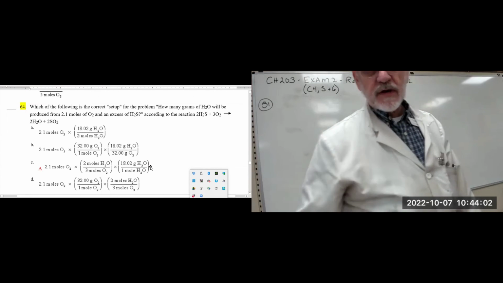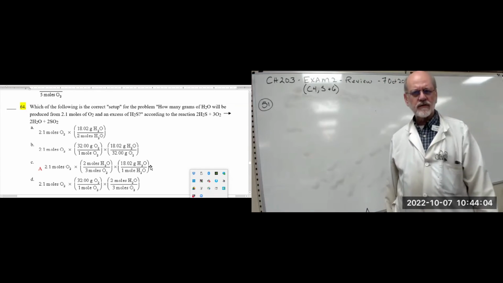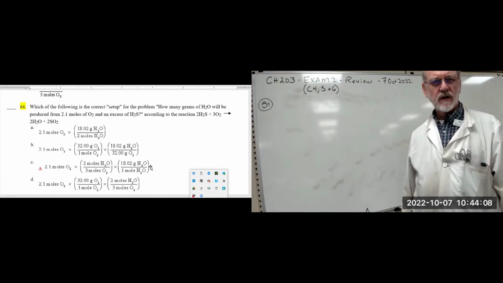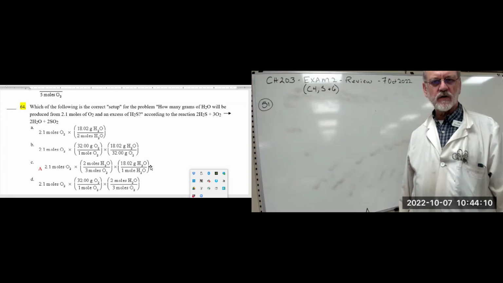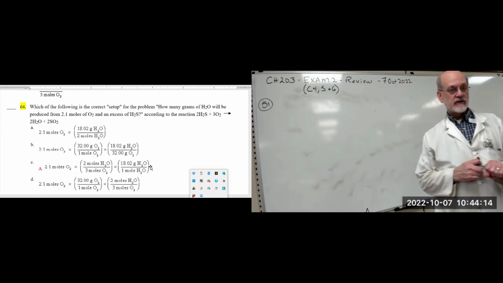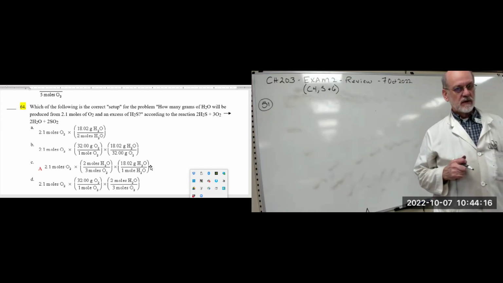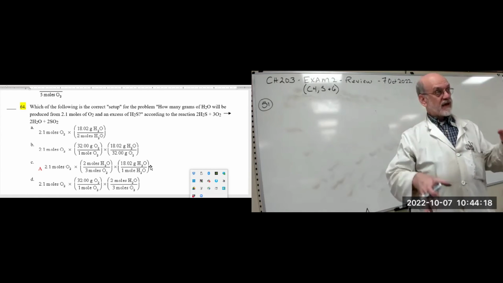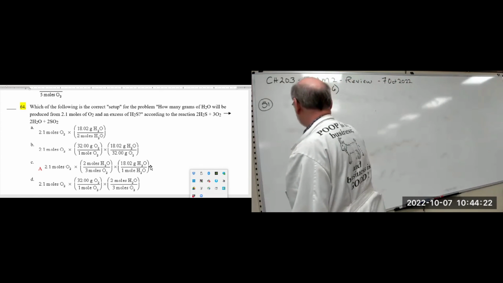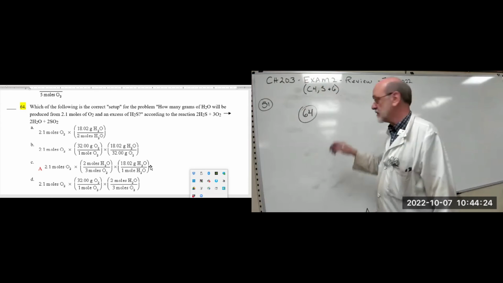Which of the following is the correct step for the problem? How many grams of water will be produced from 2.1 moles of oxygen and an excess of H2S according to the reaction? Okay, this is a stoichiometry problem. So you always start with a balanced equation. Fortunately, that equation is given to us.